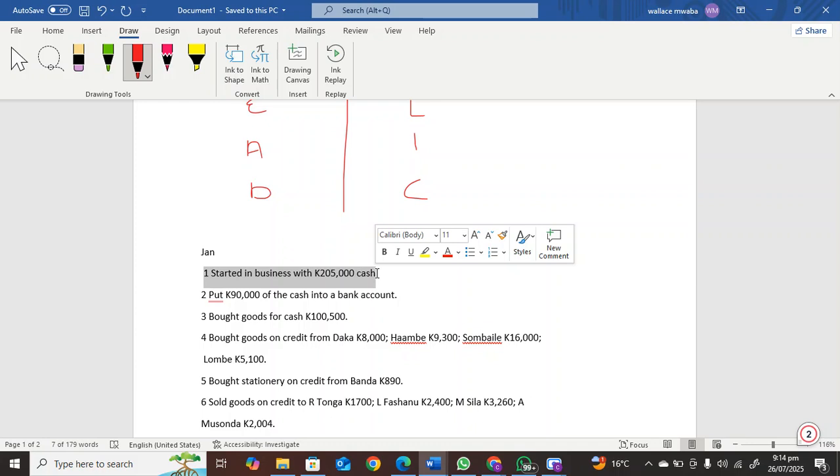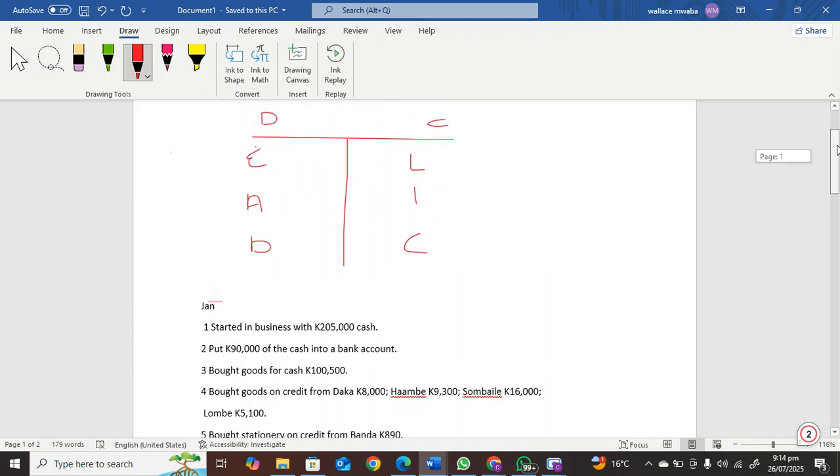So which one is increasing? Which one is decreasing? Or are they both decreasing or increasing? Someone to give it a try. Yes, Madam Yande, Mr. Sunday.